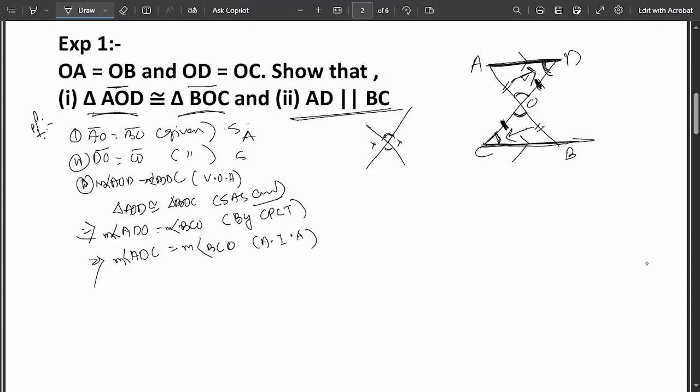Since these alternate interior angles are the same, we can write AD parallel to BC. So this proves the question.